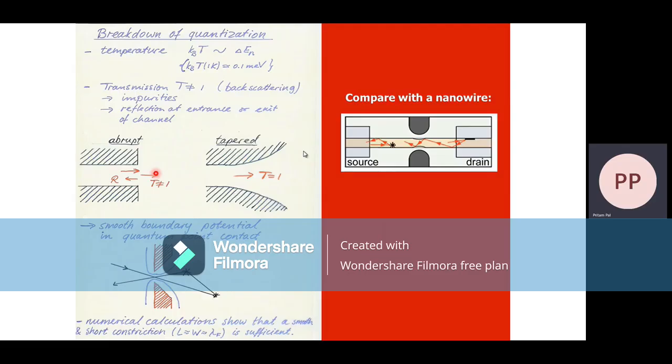So this kind of disorder and backscattering will destroy the conductance quantization, right? And the situation is especially severe if you are not dealing with a two-dimensional system.